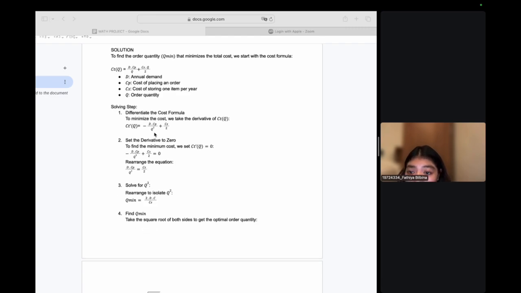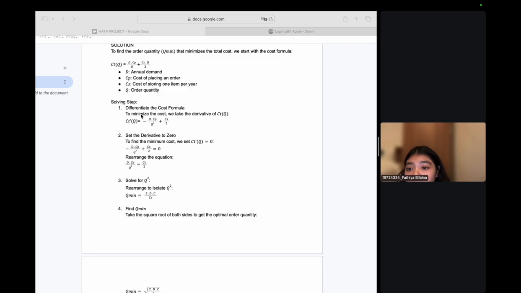Let's move on to the solving steps. First, we need to differentiate the cost formula. To find the value of Q that minimizes the total cost, we differentiate CT(Q), which leads to this derivative.